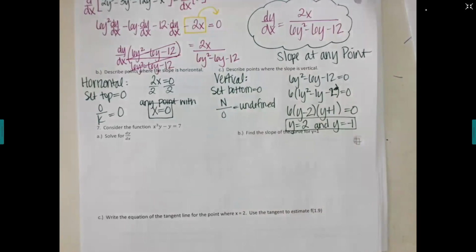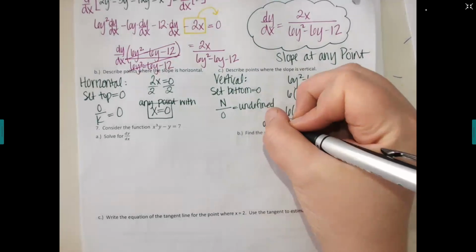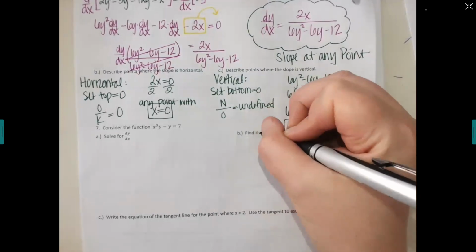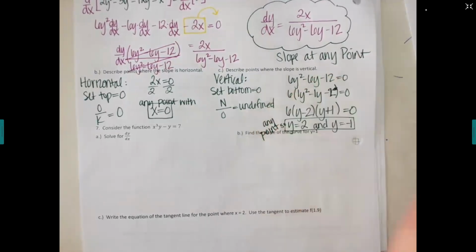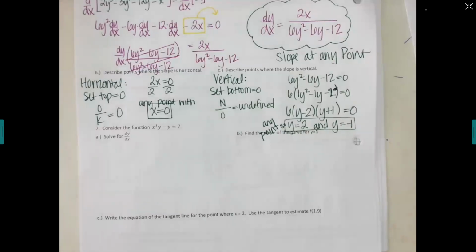Then to make it a describe, you would just say any point where y is 2 or -1. You don't have to find the whole point because you're just describing it. So just an X or just a Y is good enough for a description. Does that kind of make sense? A little bit?